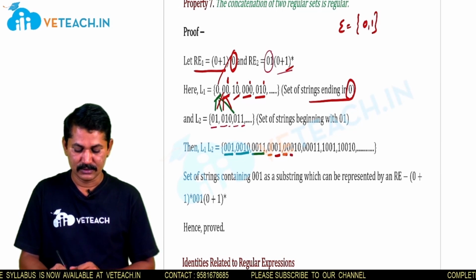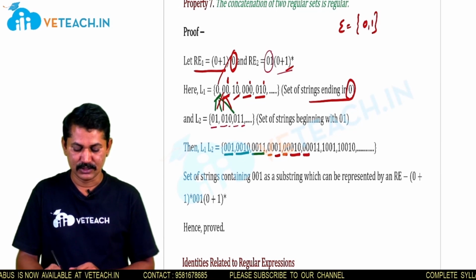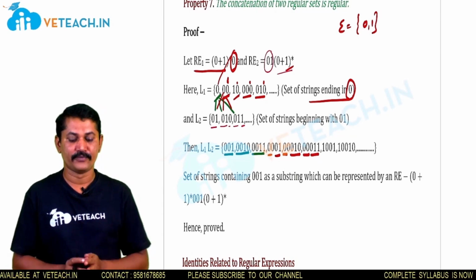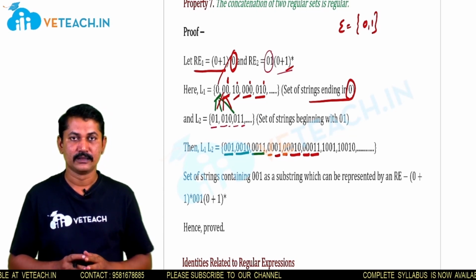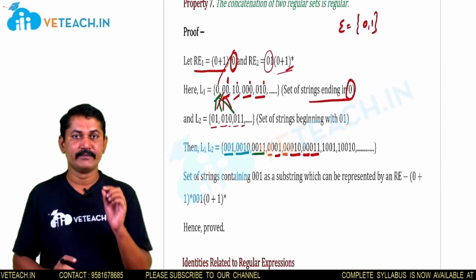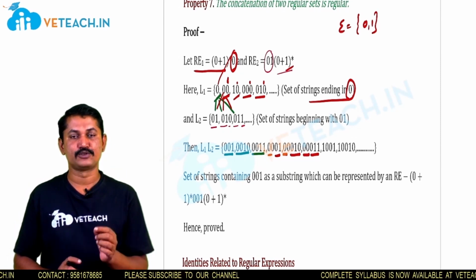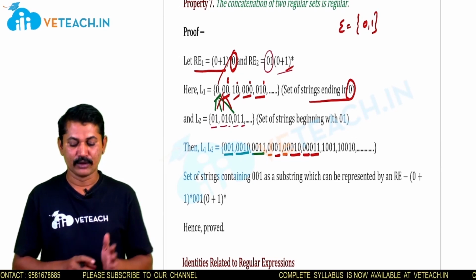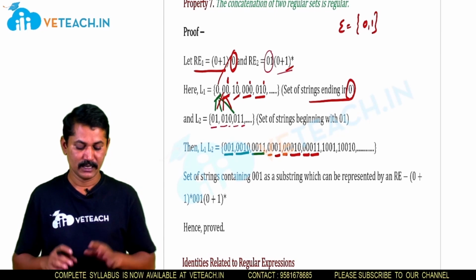Next 0 0 0. Like this, the concatenation is performed on the strings. That means each and every string of the first language has to be combined with all the strings of the second language. Then only the concatenation process will finish.